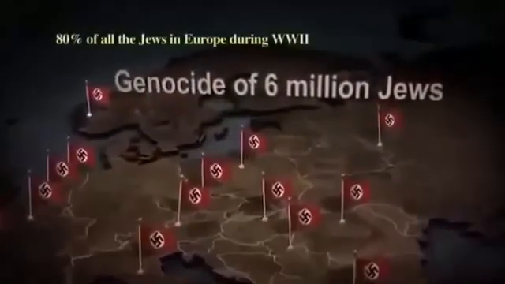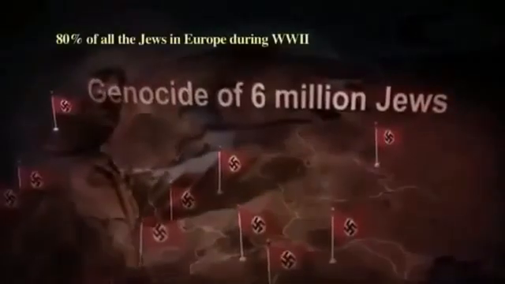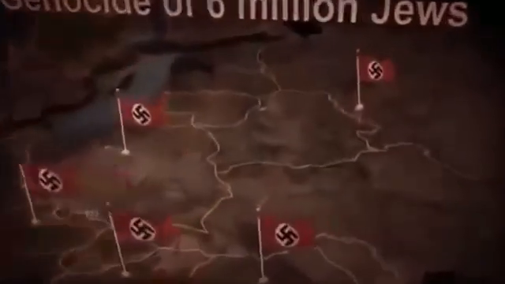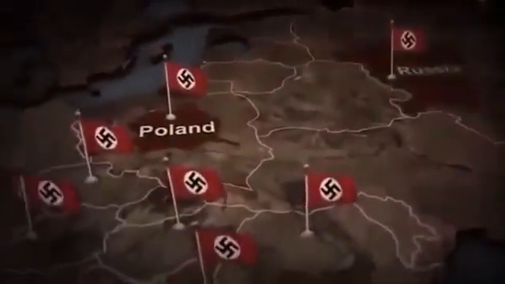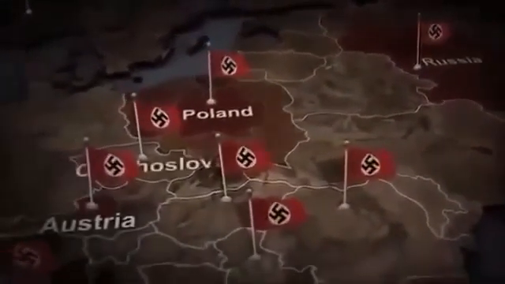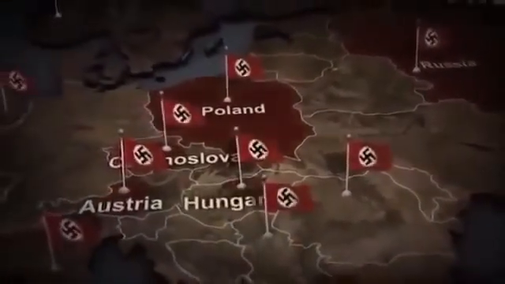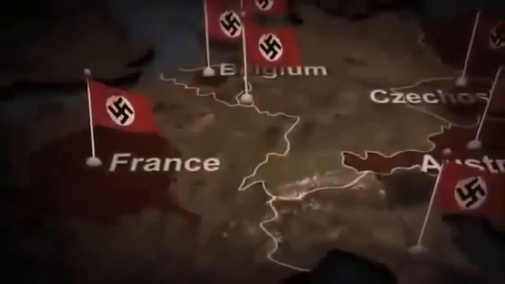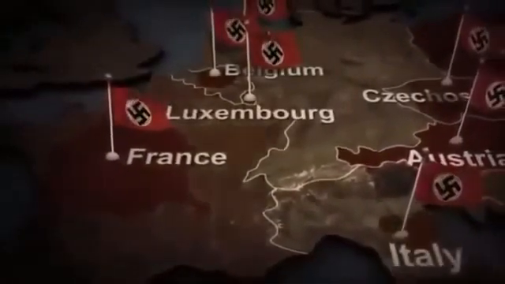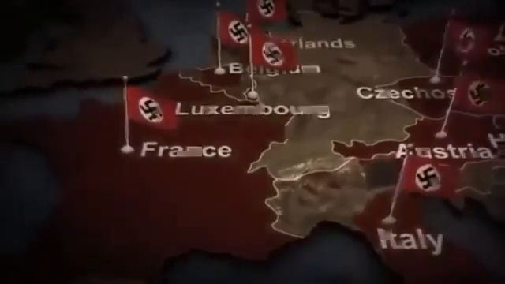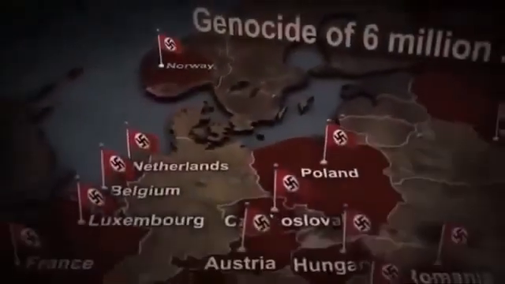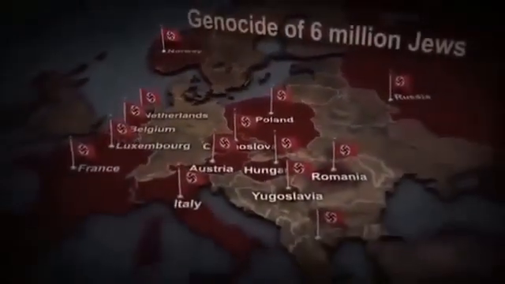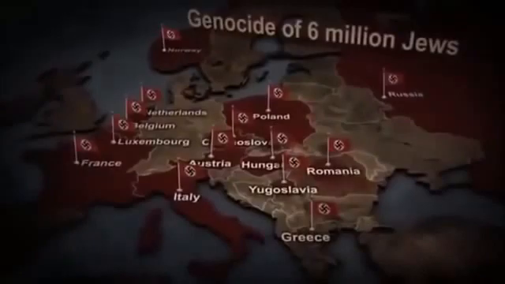From 1933 to 1945, 6 million Jews, including 1.5 million children, were slaughtered in 15 European countries, such as Poland, Russia, Austria, Czechoslovakia, Hungary, France, Belgium, Luxembourg, Italy, Netherlands, Norway, Romania, Yugoslavia, and Greece.